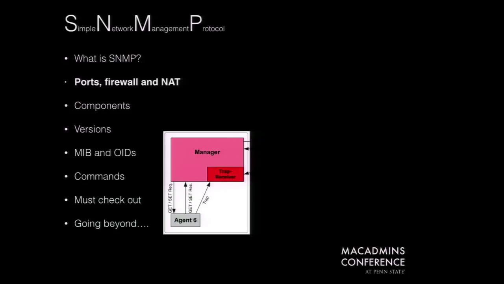So from a manager reaching out to an agent, asking for data, that's 161, and 162 is what we call the trap. Here's a very simplistic arrangement of a manager and an agent. The get and set requests here and the information being returned, that's port 161, and a trap is over 162. Briefly, a trap is something that's sent from the agent out to a manager to alert the manager that something happened.